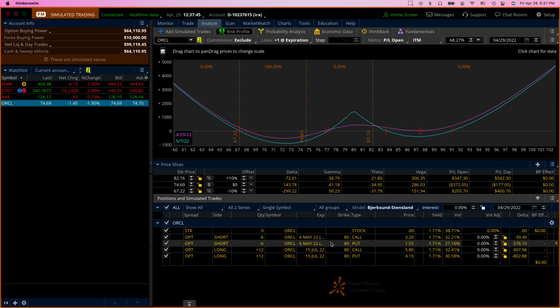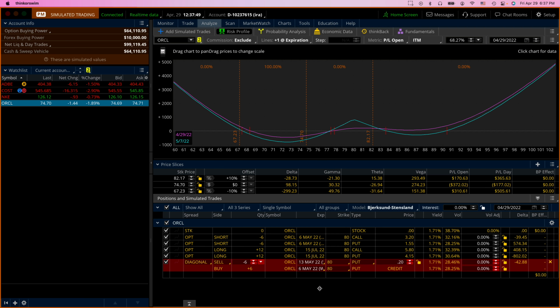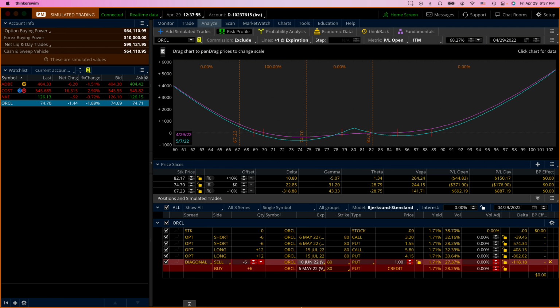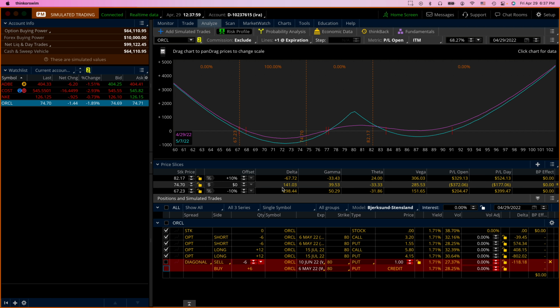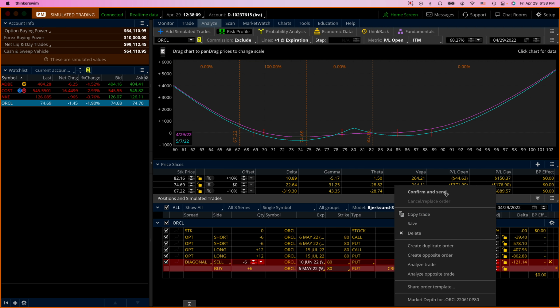So I'm going to roll over the put side only. And this goes to May, June. And this will turn my delta from 141, which is really high, to something closer to delta neutral.